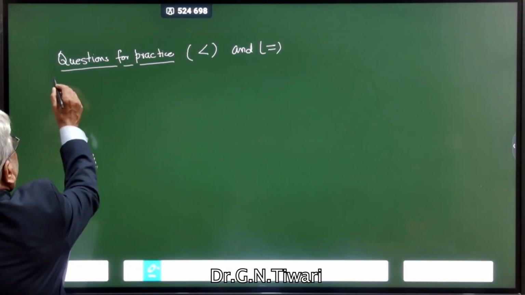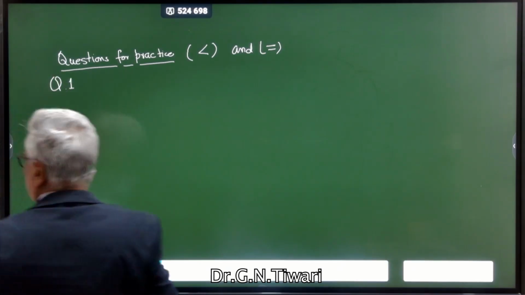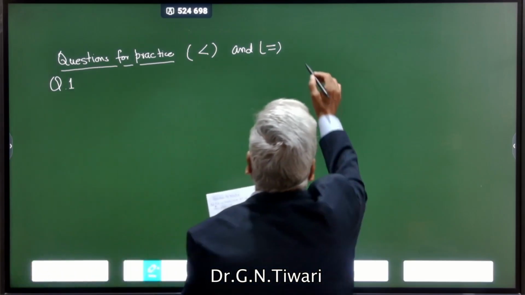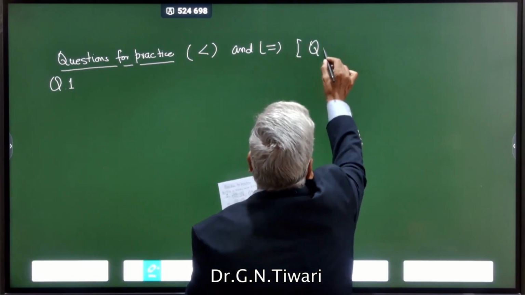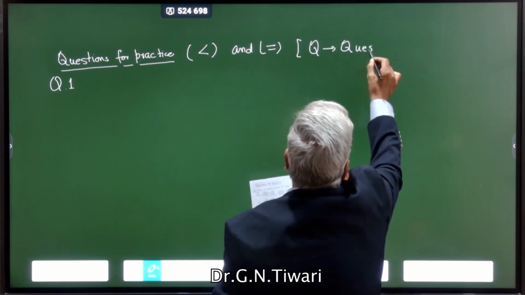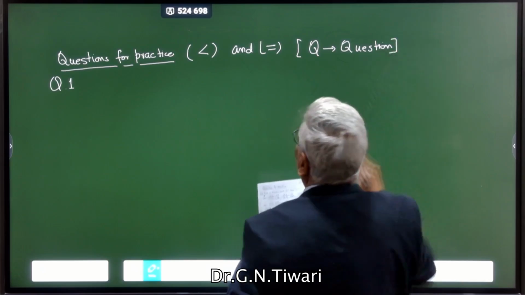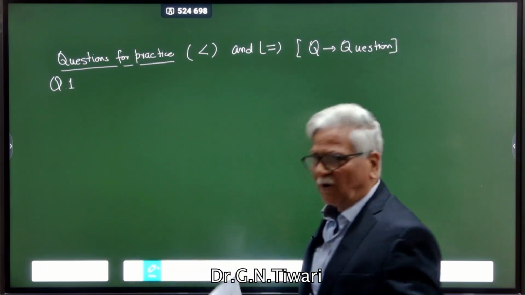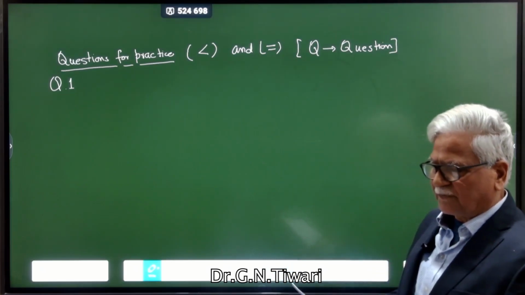Question 1. Q means question. So here I'm writing the abbreviation. Q means question. The student should be informed that whenever I write Q, it means question in short form.